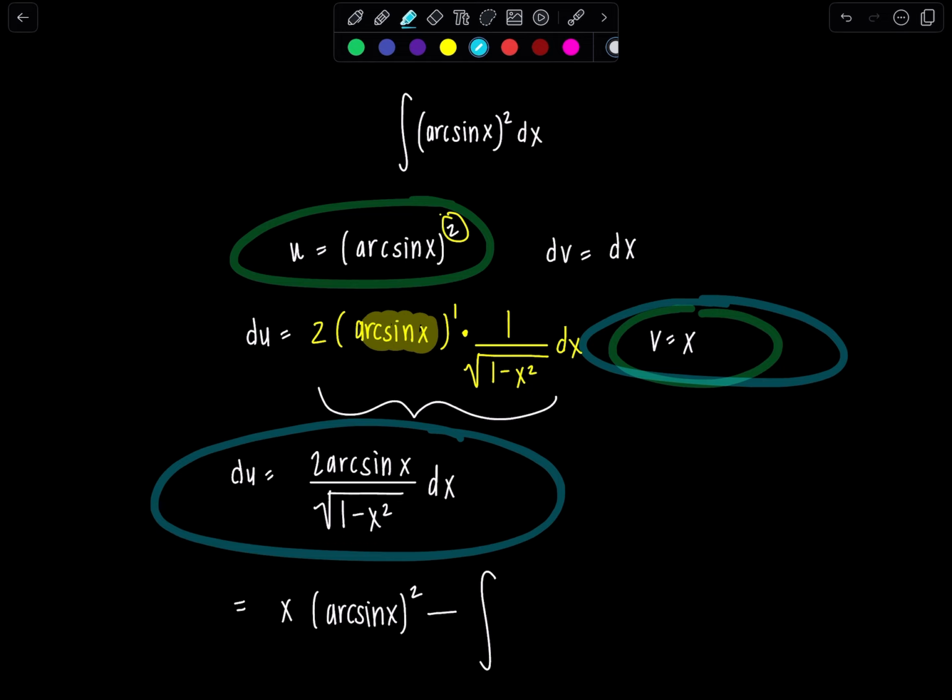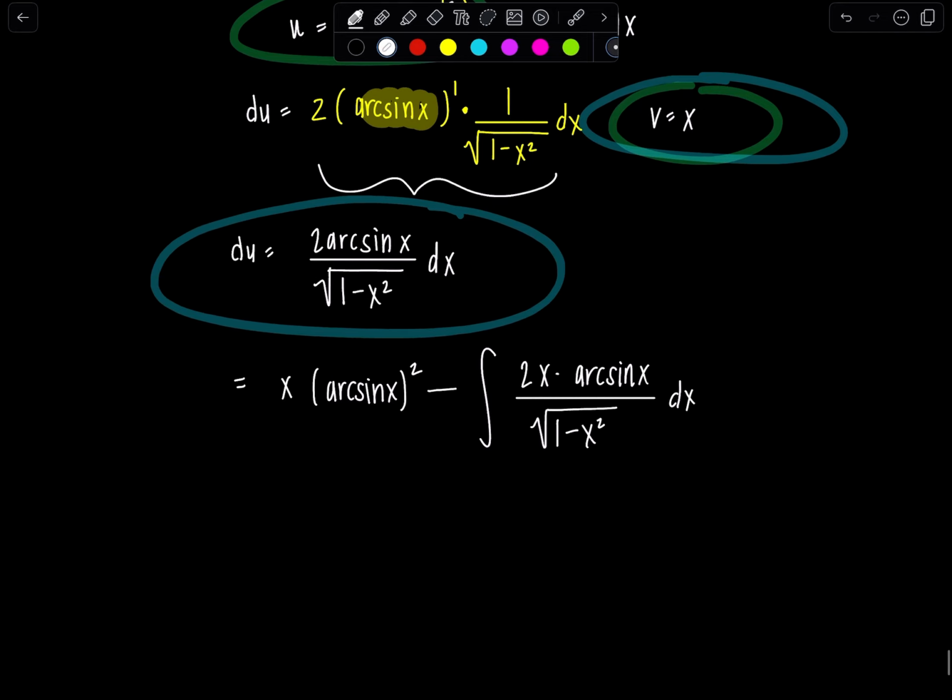Okay, so we have here, I'm going to put 2x and then arc sine of x in the numerator over rad 1 minus x squared, and then we have dx. All right, hold on, that x looks so ugly. Let's fix it. Okay, things look a little scarier, I know, but we're halfway there pretty much.